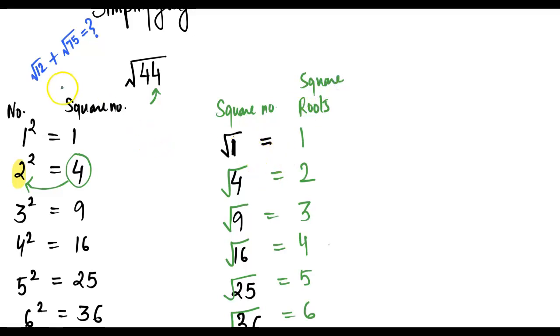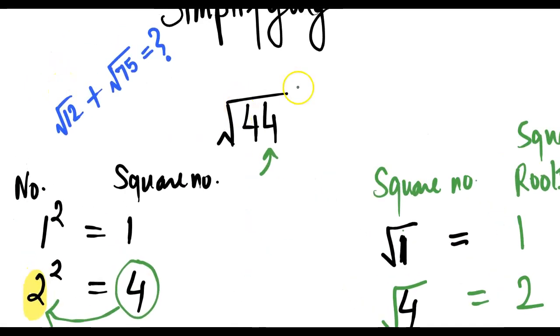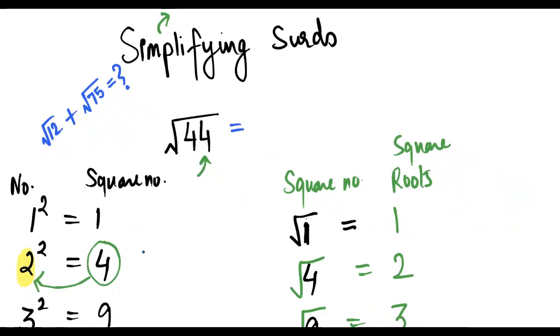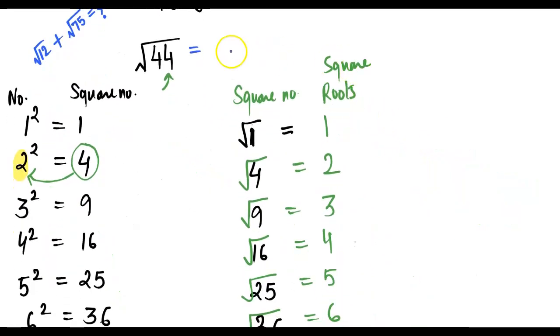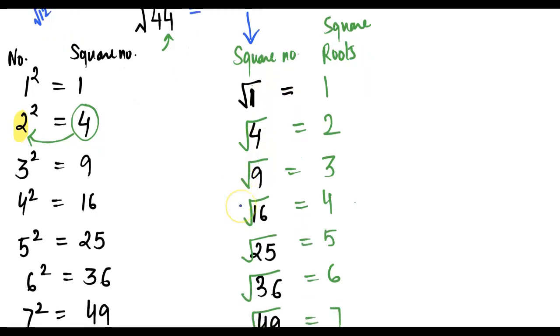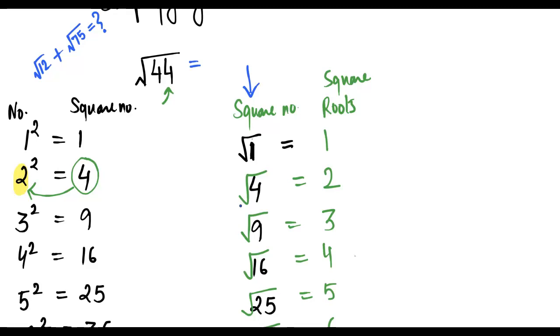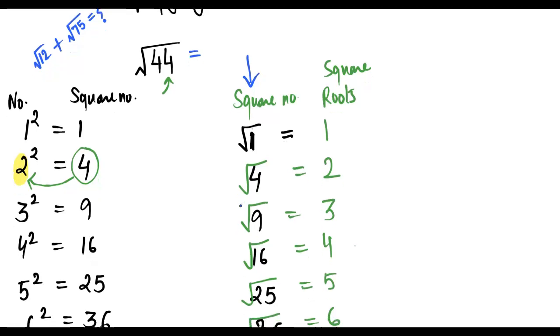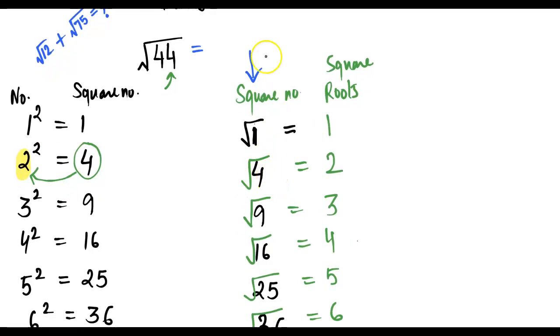Now let's talk about what we were discussing. We were trying to simplify this one. Whenever you have to simplify surds, you think of these square numbers. Which square number can divide 44? Just think. Or we just have to factorize 44.